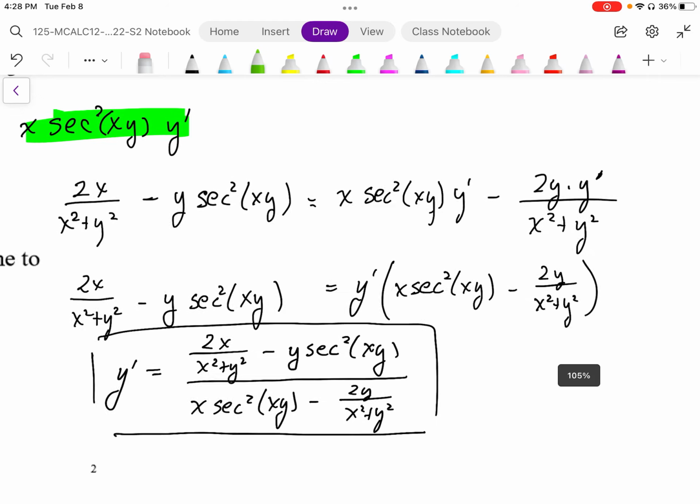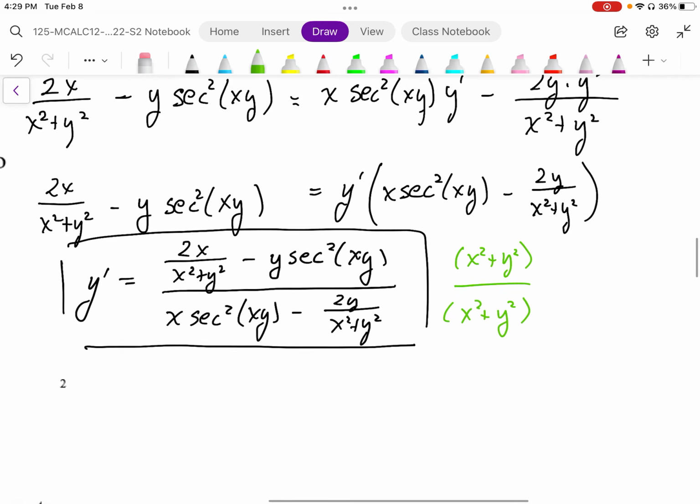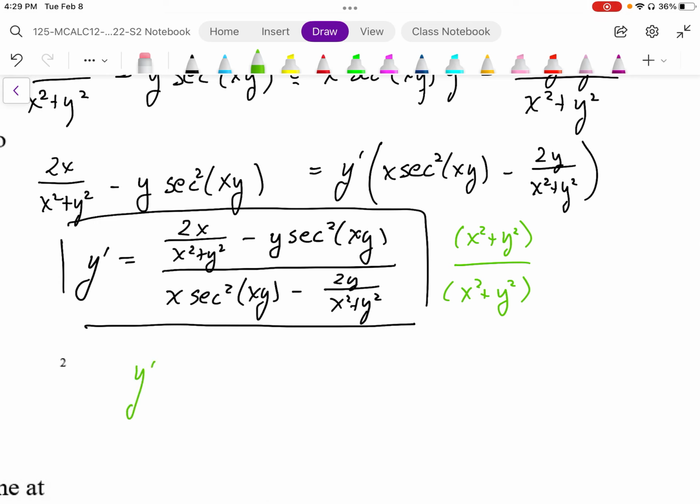However, there is this common denominator of x squared plus y squared. So I could simplify things, though it doesn't simplify things a lot. Now this will cancel out some factors, so I end up with y prime equal to 2x minus, I'm just going to leave it as a factor, x squared plus y squared times y secant squared xy.